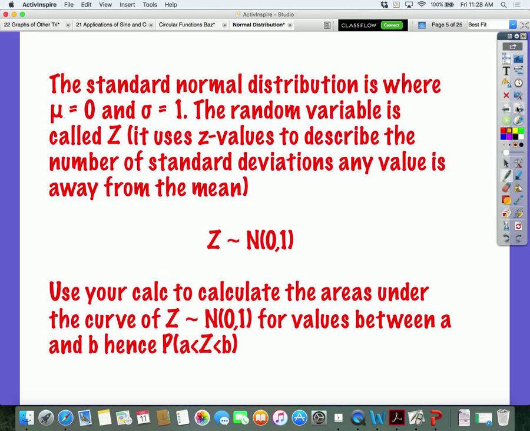You use your calculators to calculate the areas underneath the curve of a standard normal distribution for values between a and b. We're going to take a look at an example. We're talking about distribution, the spread of your probabilities amongst a particular situation.